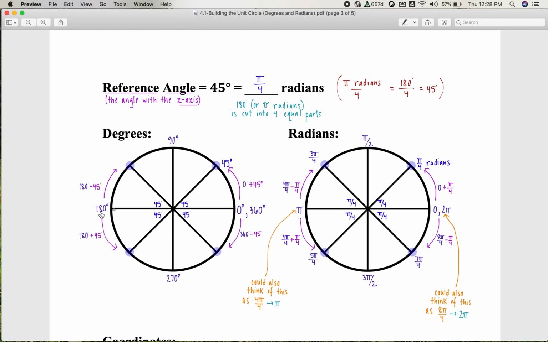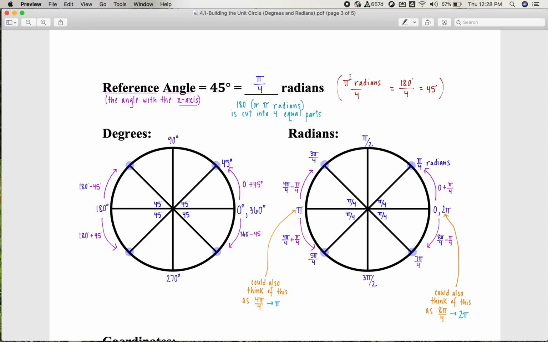If we know that half a circle is 180, and if we look at the top of this circle, it's divided into 1, 2, 3, 4 equal parts. So we can think of it that the 180 is cut into 4 parts, or in other words, 180 divided by 4 is 45. Let's do that same thing in radians now. We know that halfway around the circle in radians is pi.